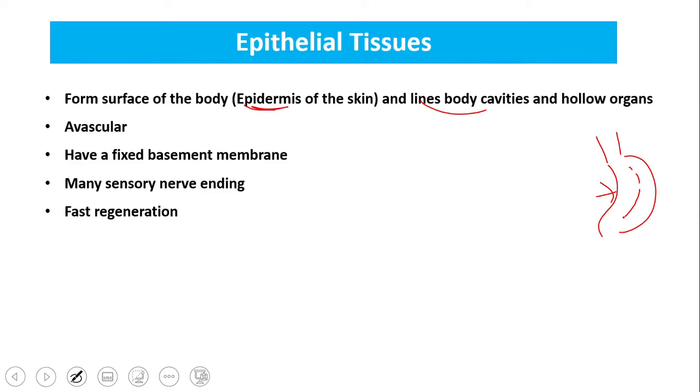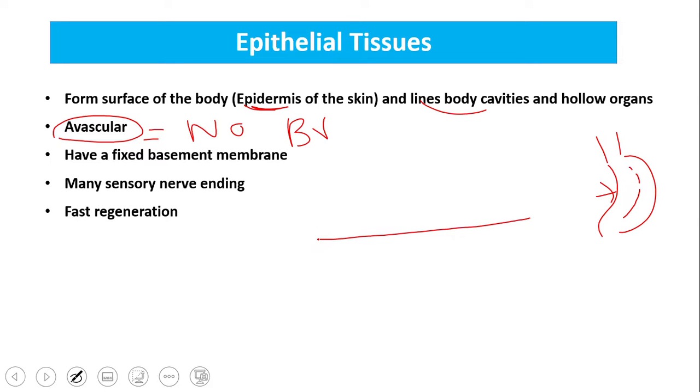Any epithelium is avascular, meaning no blood vessels. So it doesn't have any blood vessels. And this is a good thing because if our epidermis had blood vessels, if you scratch your skin, you will bleed. Any epithelium has a fixed basement membrane.